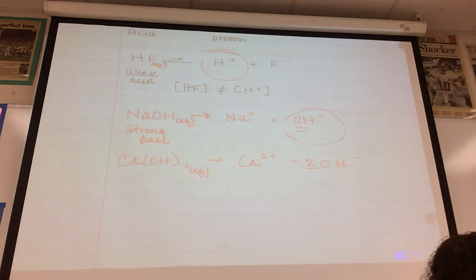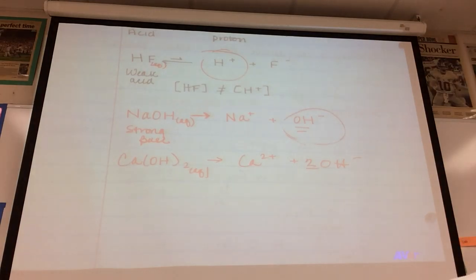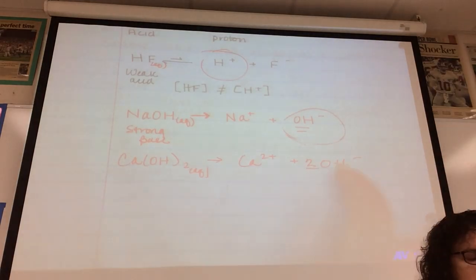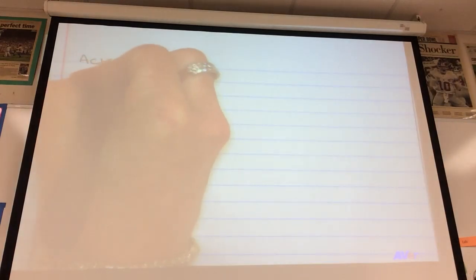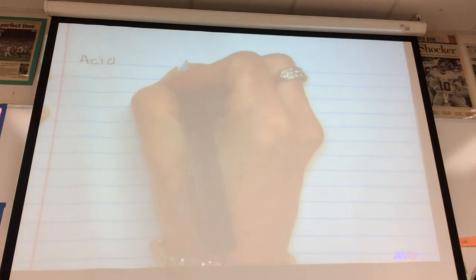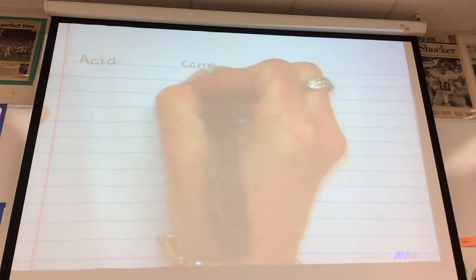The definition we tend to focus more on is the Bronsted-Lowry definition, where an acid is a proton donor and a base is a proton acceptor. Just to review this concept a little bit before we put acids and bases together, we'll have a column of acid and then look at the conjugate base.